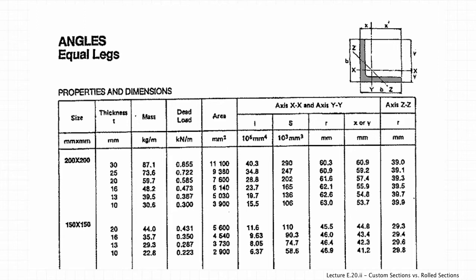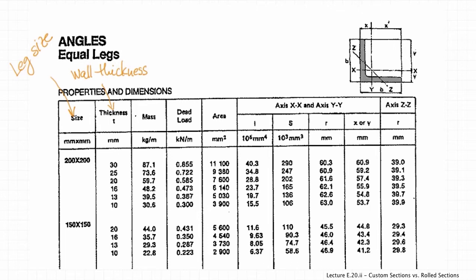Now this is a typical table, which is also contained in full in the complementary notes, and it indicates the properties of equal leg angles, for example. What is important to us is the size, which is actually the leg size, indicating how long each leg is, but they're both equal.